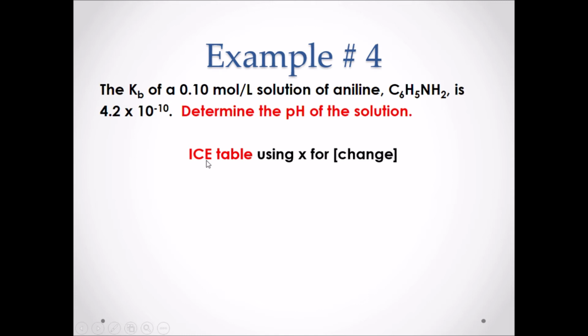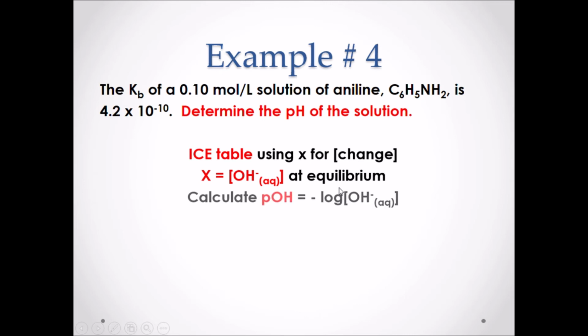First up, we have to make an ice table using X for our change in concentration. Since aniline is a weak base, X will be equal to the concentration of OH minus at equilibrium. Once we know the concentration of OH minus at equilibrium, we can find the pOH.